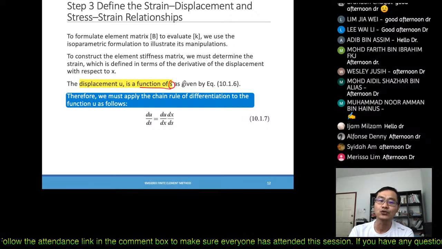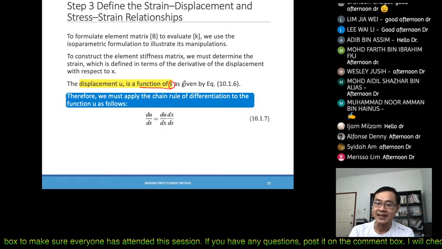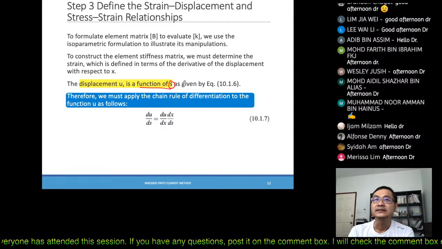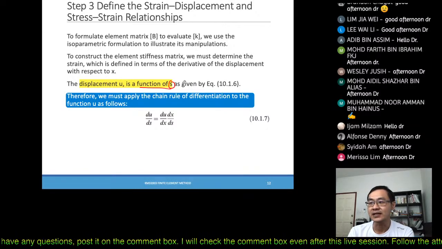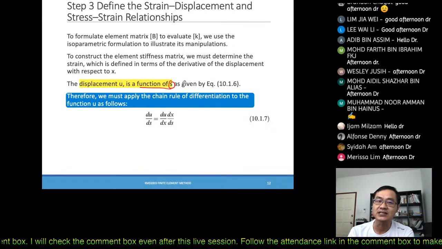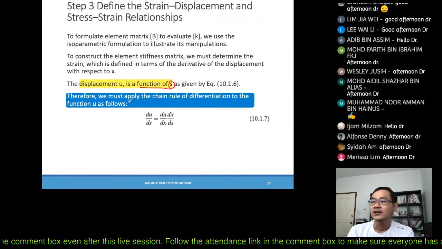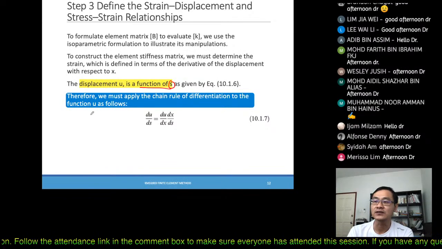Therefore we have to relate them back to the global coordinate system, which is related with the x, right? The displacement, the changes in the physical form. Therefore, we must apply the chain rule to differentiate the functions of u.